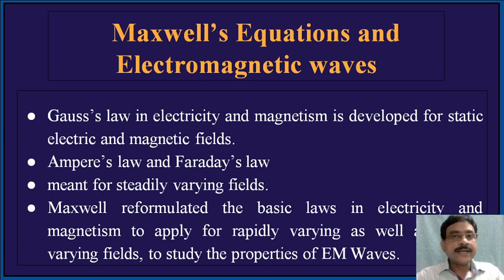In fact, the scientist Maxwell did not prepare any new equations. He didn't derive any equations, but he considered four fundamental laws in basic electricity, magnetism and electromagnetism: Gauss law in electricity, Gauss law in magnetism, Faraday's law in electromagnetic induction, and Ampere's law in electromagnetism.